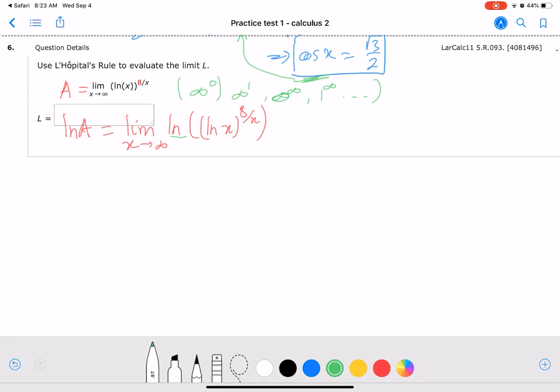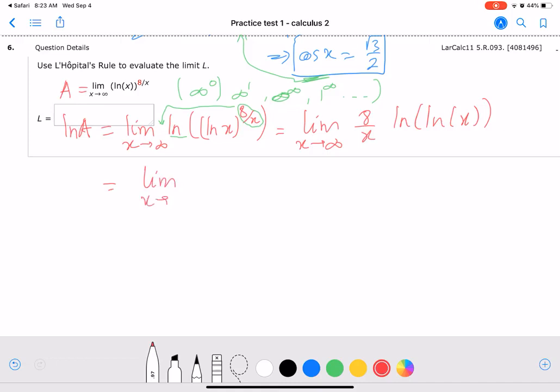So once we have this, we can bring the power here, a to the x, down here, okay? So we have the following. This guy is just equal to the limit of x goes to infinity, and then 8 over x, ln of x. Or I can rewrite it in the following form.